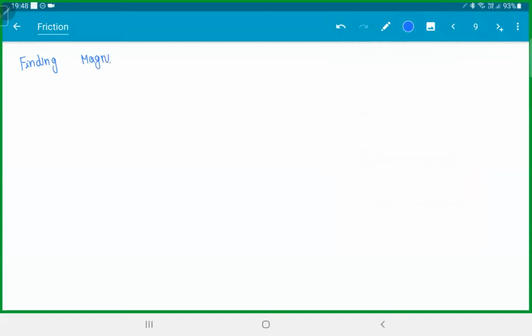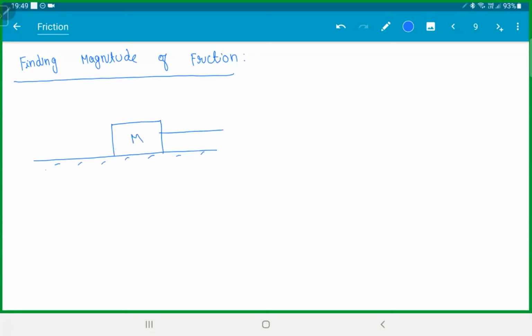Now this is completely experimental. So the experiment goes like this. We have a surface, we have a block M, and here we have a bucket, and you're putting sand inside.